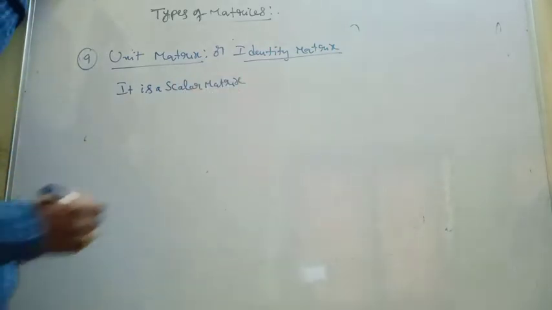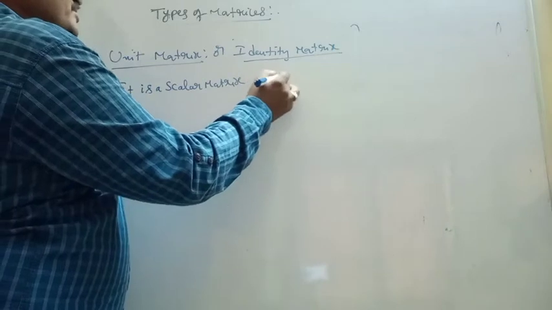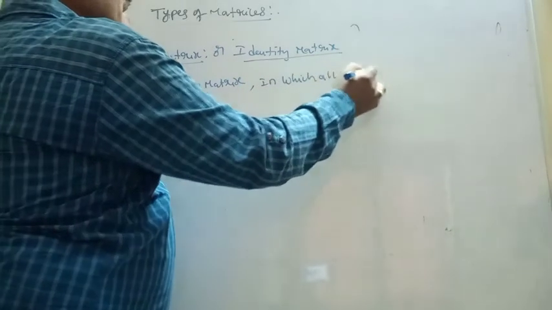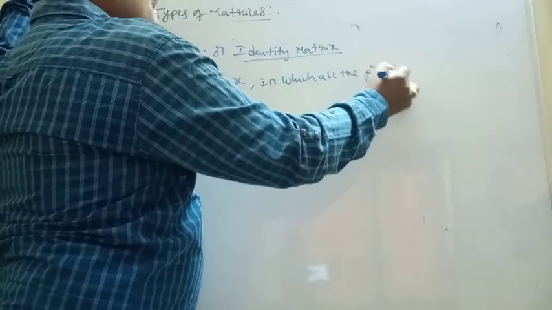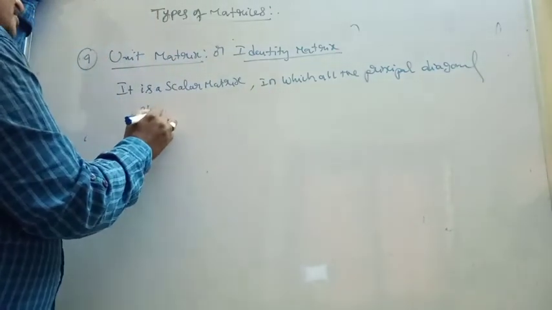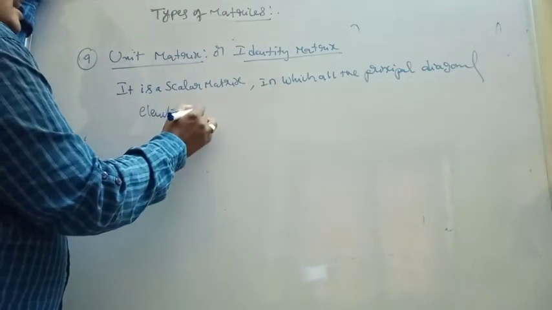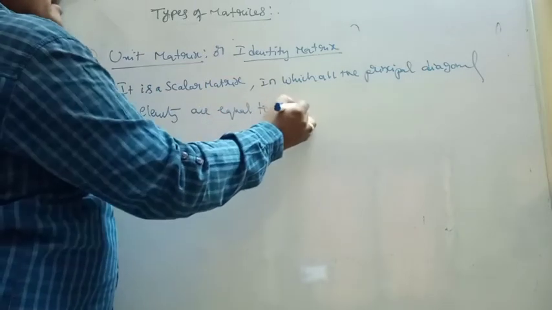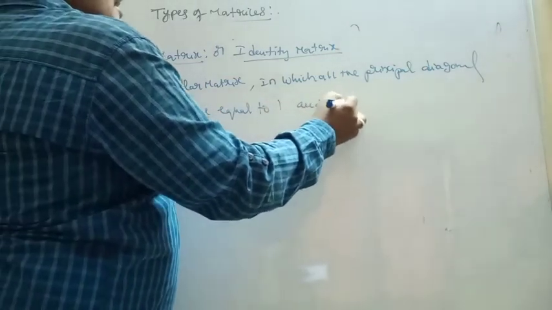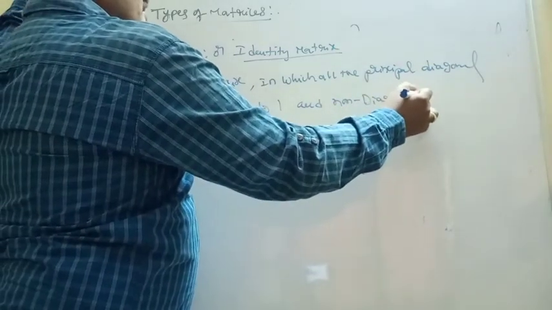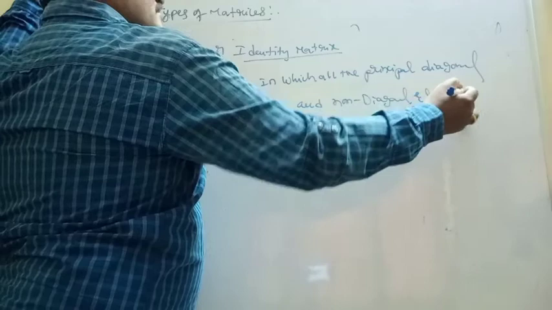It is a scalar matrix in which all the principal diagonal elements are equal to 1, and non-diagonal elements are equal to 0.